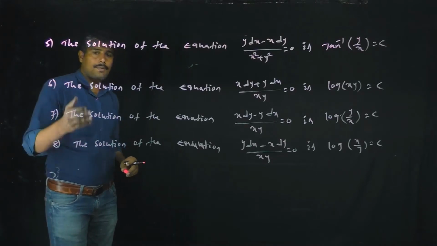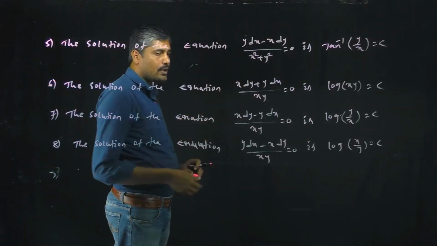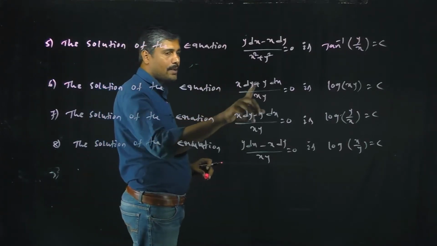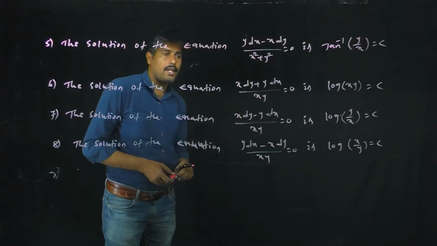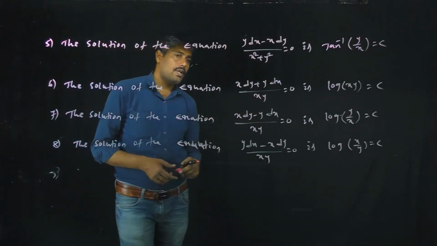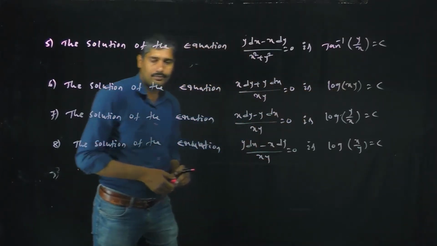Suppose the equation is (x dy + y dx)/(xy) = 0. This is the given differential equation, and we get the solution log(xy) = c.